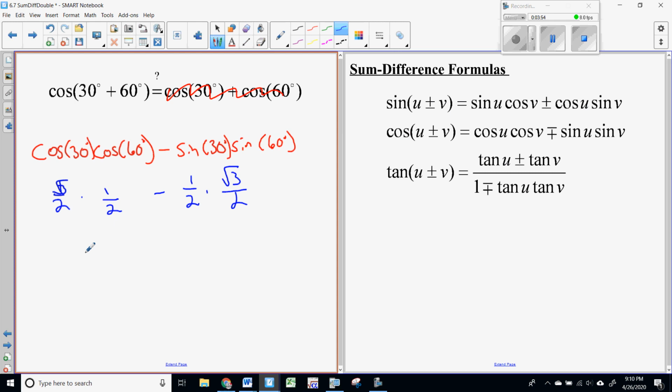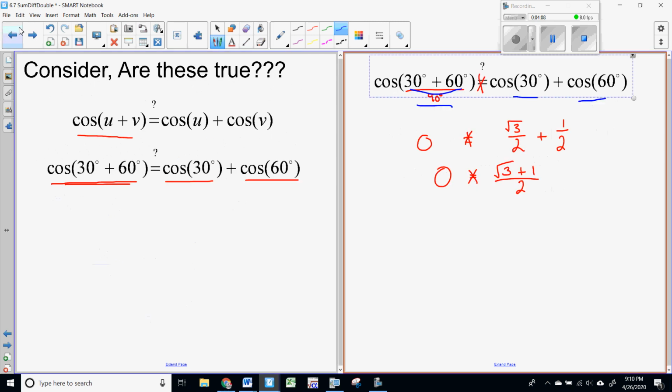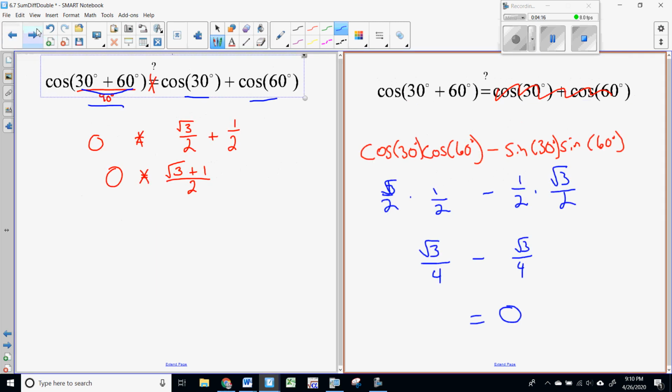Then you can simplify, and you're going to get square root of 3 over 4 minus square root of 3 over 4, which if I subtract those, I get 0, which is what we looked at a second ago. If you get 90 here, that should be 0, which is what we got. Okay, 0 here, 0 here.